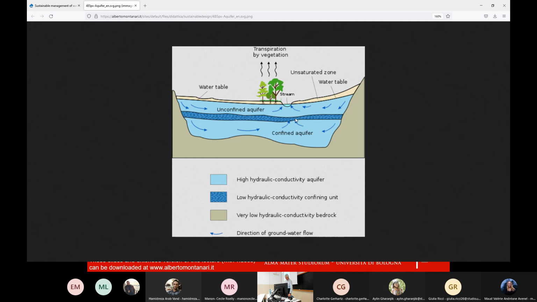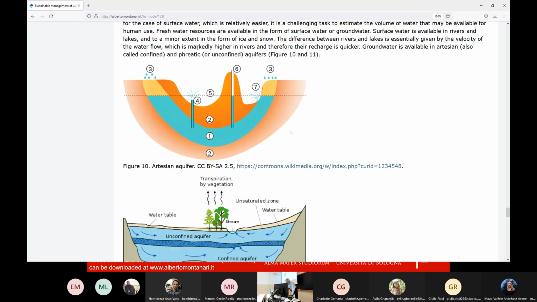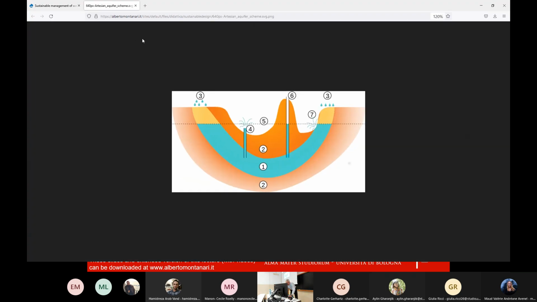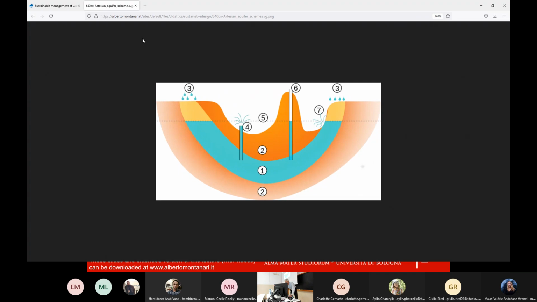Okay, now let me close this and let me show you this figure, because I think this solves the problem of explaining how the aquifer gets under pressure. What you see here is only a confined aquifer.